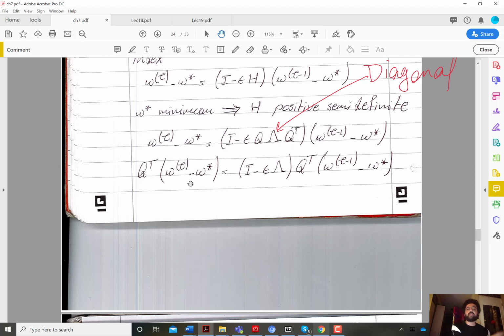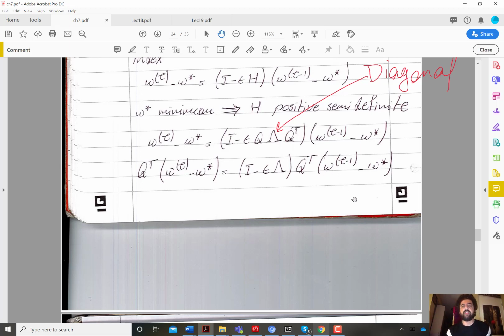So at time step tau, the difference of the parameter setting from the parameter setting of the unregularized optimal, when projected on the orthonormal matrix of eigenvectors of the Hessian evaluated at omega star, is basically I minus epsilon lambda times the projection of the difference at the last time step, right?